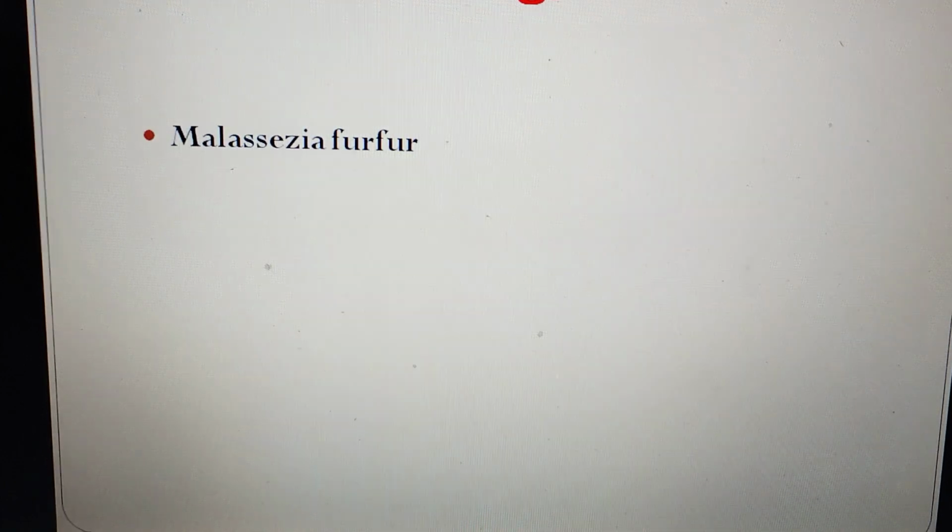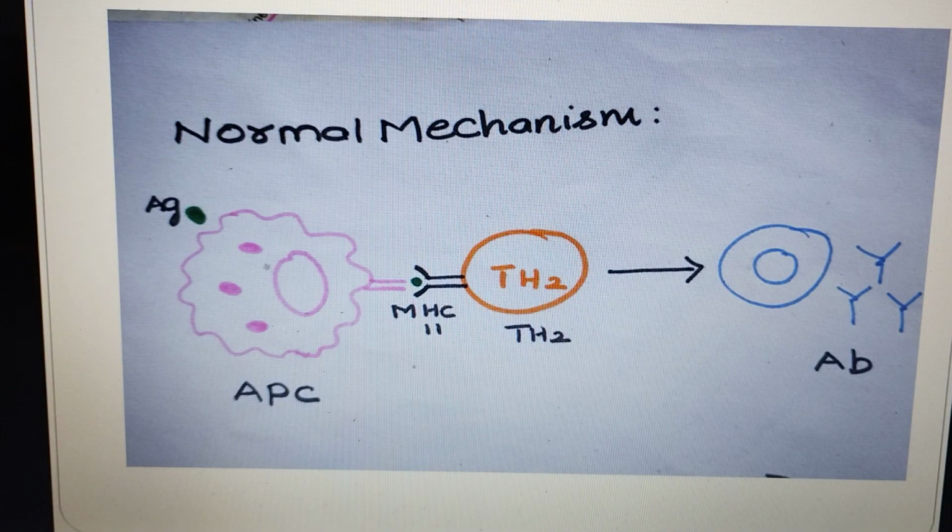First I will explain with the diagram. Once the antigen enters into our body, it will be processed by the antigen presenting cells. For example, dendritic cells. After that it gets processed. The T helper cells will have the major histocompatibility complex 2. Now this antigen presenting cell will present the antigen to MHC2 of the T helper cells.